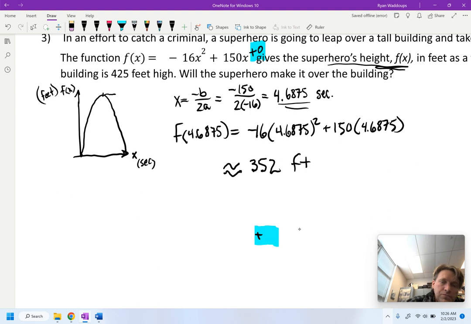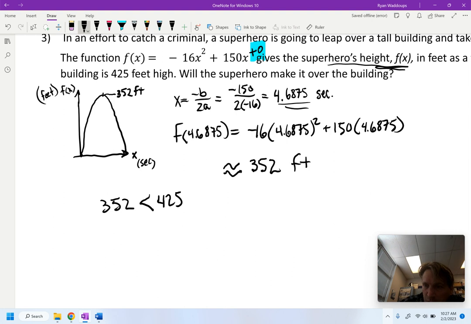So 352 is less than 425 feet. So this height right here is approximately 352 feet. That happens at 4.6875 seconds.